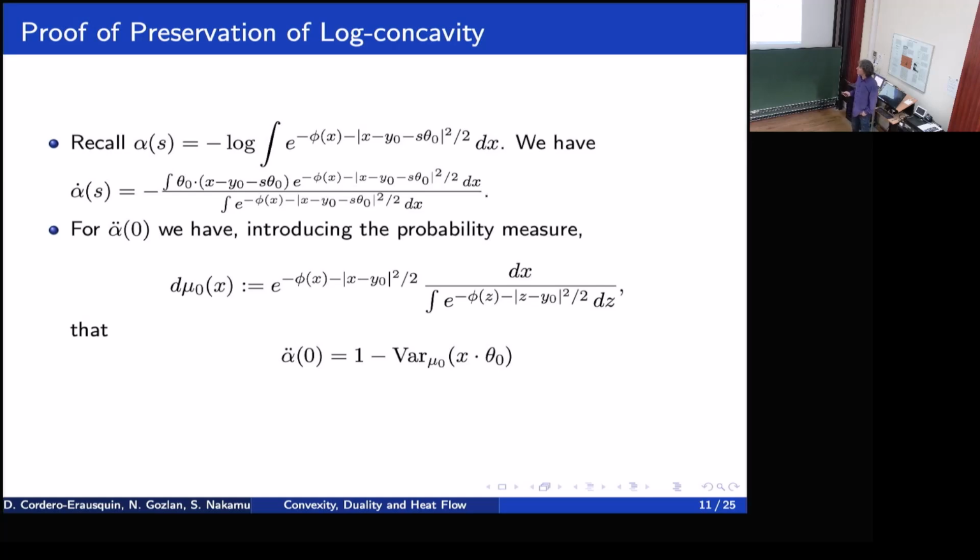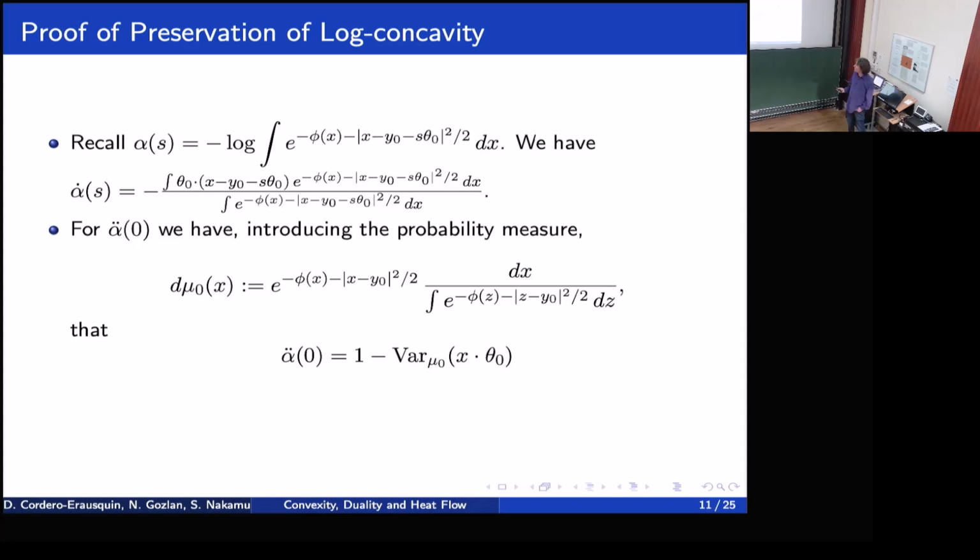And so let's compute one more derivative. When you take the derivative here, what you get is theta 0 squared against this probability measure, so this gives you 1. And you have two other terms. You take the derivative here, which gives you another term of this form, theta 0 x, and you have the derivative here, which is the square of what you had before.